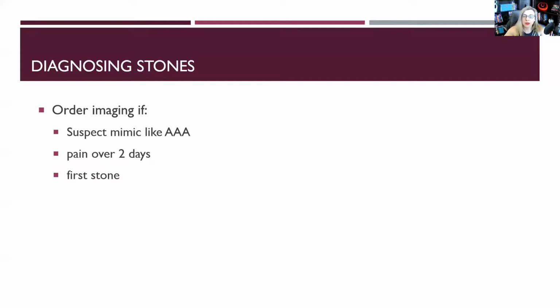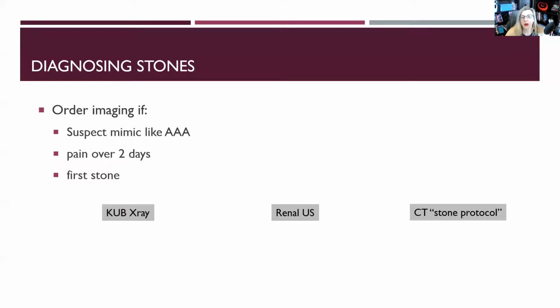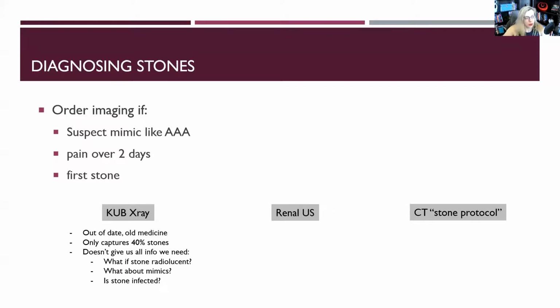Now, we have three different imaging options. Here are our three different imaging options. I want to talk to you about the benefits and negatives of each, because there's definitely one that's way better than everything else. So the first thing I got to talk about is the KUB X-ray, which stands for kidneys, ureter, and bladder. This is the oldest part of medicine.